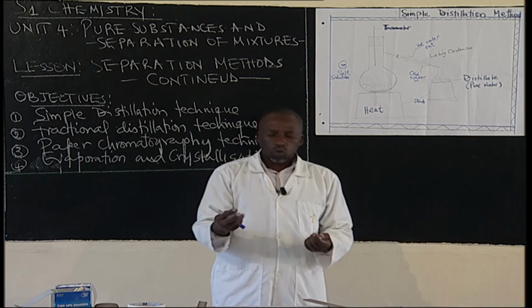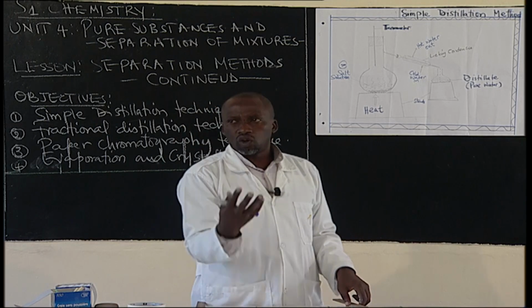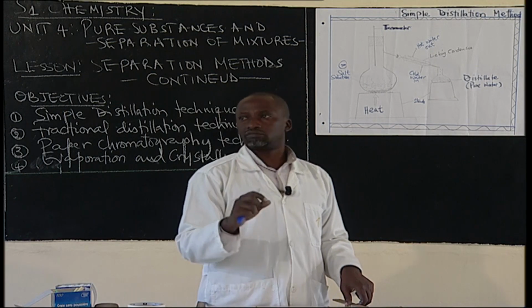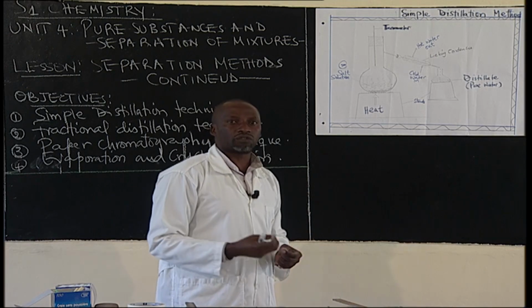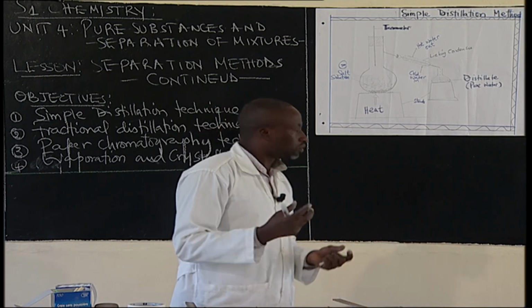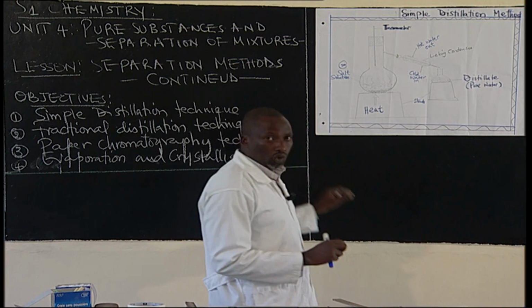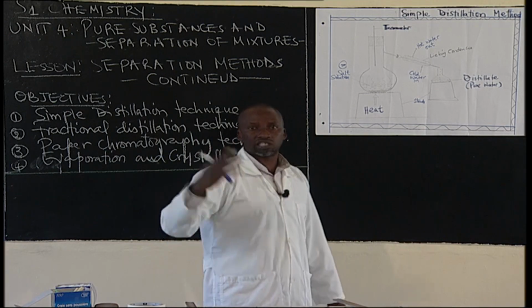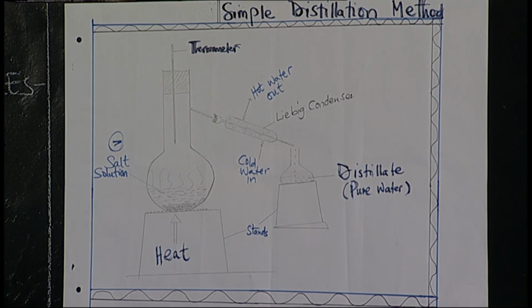When you drink salt water, you don't feel comfortable; the taste of salt water is not good for drinking. So when you want to separate the water from the sea water, because sea water is salty, we use this simple distillation.